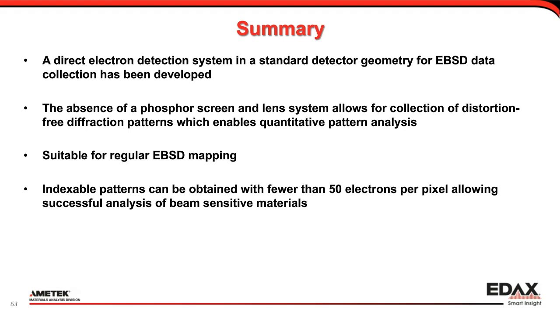It's not caused by any unqualified distortion that we introduce in the detector. It is suitable for EBSD mapping, but because it is also really sensitive, you can get indexable patterns with fewer than 50 electrons per pixel. You can reach analysis conditions for materials that we could not analyze before.